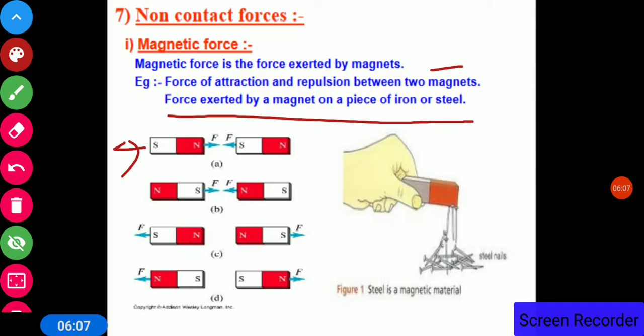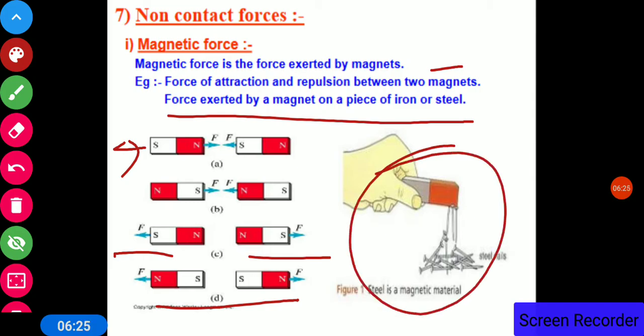If you bring the same poles near each other, they repel and move in opposite directions. Like poles repel, but south and north attract each other. In this figure you can pick up small nails with the help of a magnet.